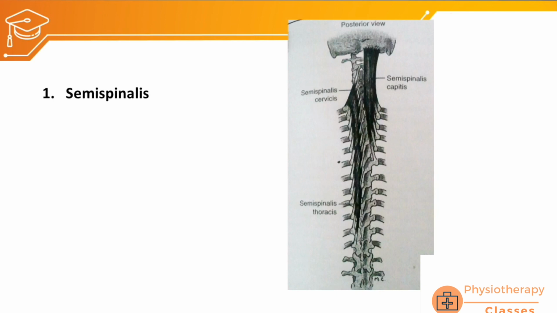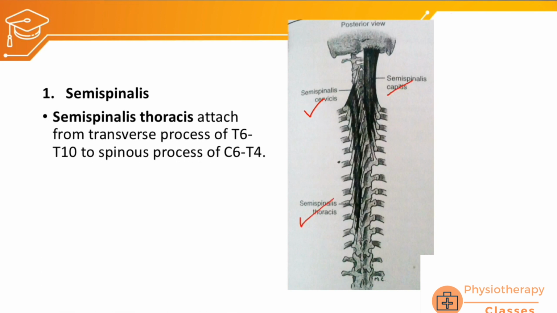Semispinalis we have three types, that is semispinalis cervicis, capitis and semispinalis thoracis. So semispinalis thoracis is responsible for extension and side flexion at the thoracic spine, whereas semispinalis cervicis and capitis, which we have discussed, are the extensors of the cervical spine.